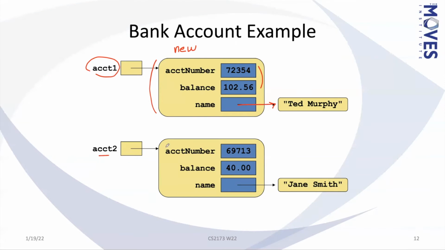And likewise, the second one, again, the account number and the balance as primitives contain the actual value, but the name instance variable is simply a reference to the string object.